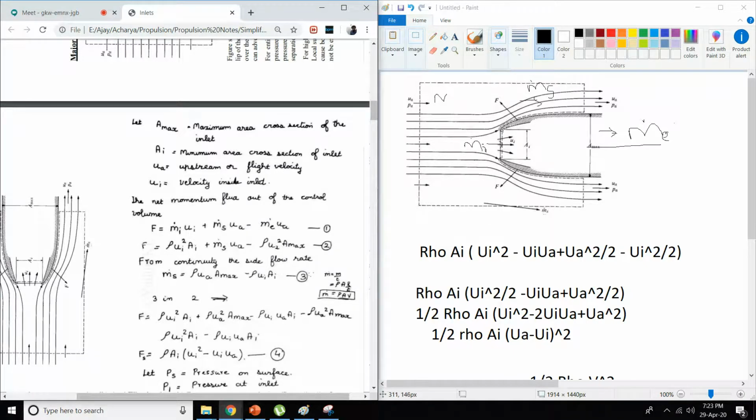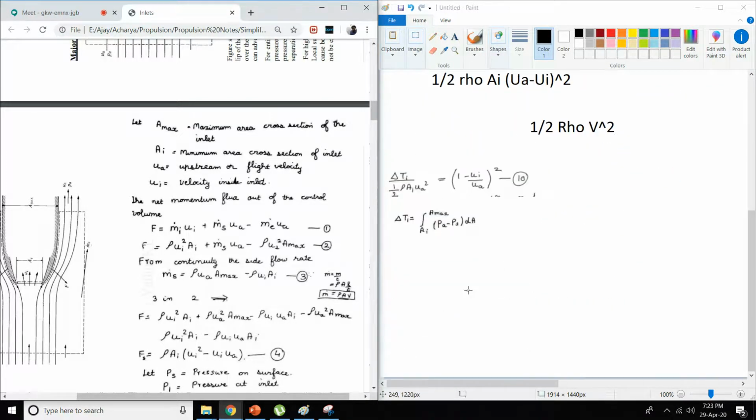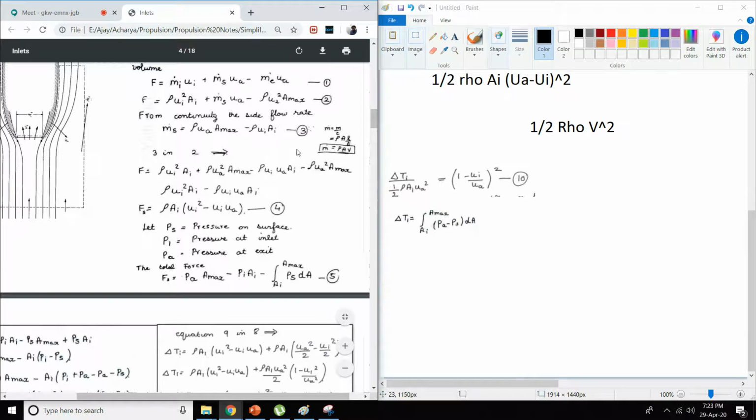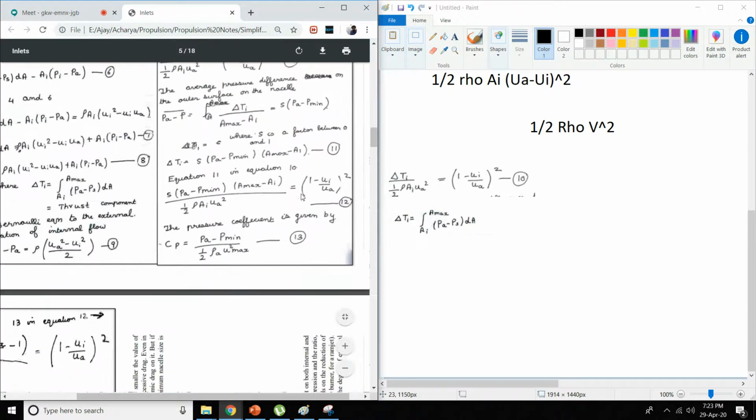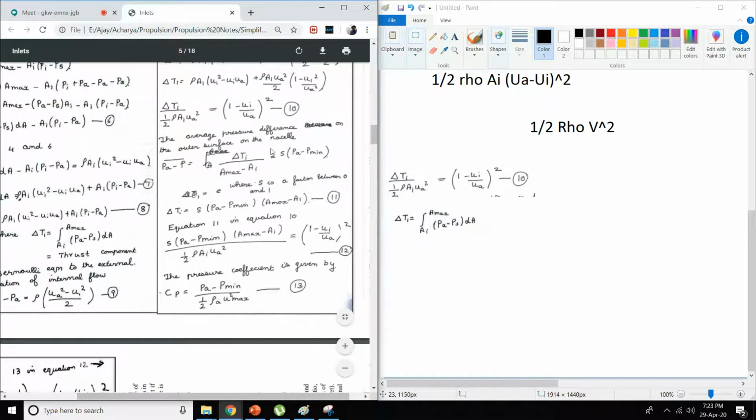The area goes from AI to A max, but your flow will vary between these two points. So if you take 0 to 1 as the integral range, you introduce a factor here called S, so that we can differentiate how much of it is actually touching. S can vary between 0 and 1.